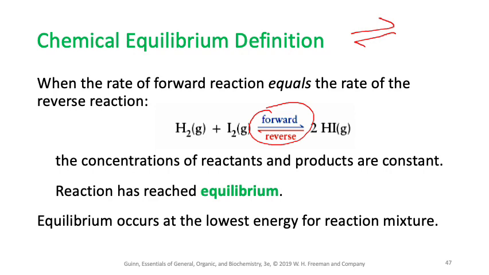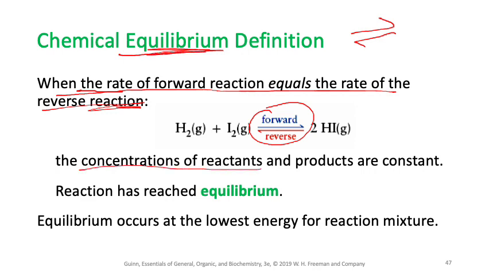When the rate of the forward reaction is equal to the rate of the reverse reaction, then we call the chemical reaction to be in equilibrium, right? That means the concentrations of the reactant and product are constant and the reaction has reached equilibrium.